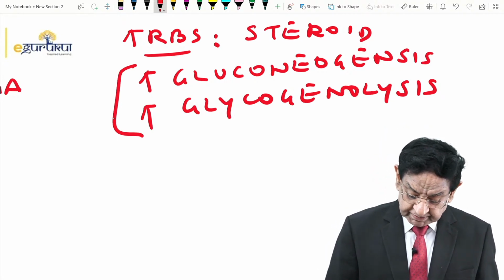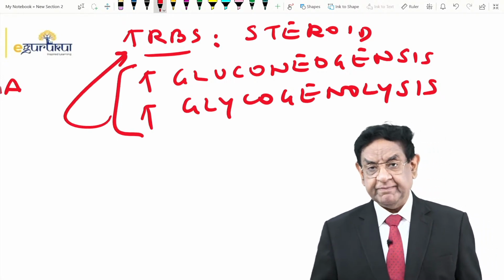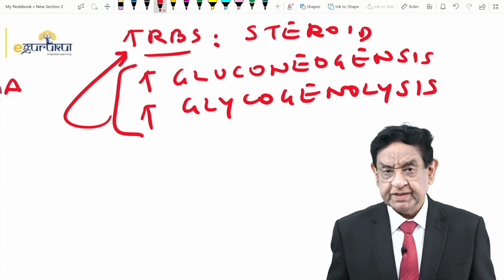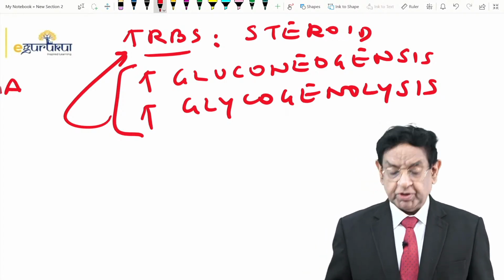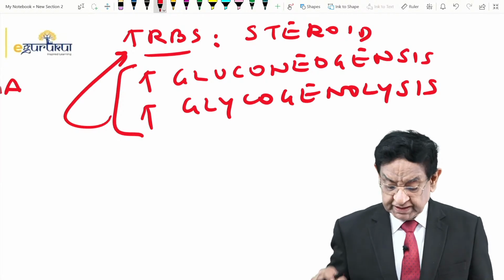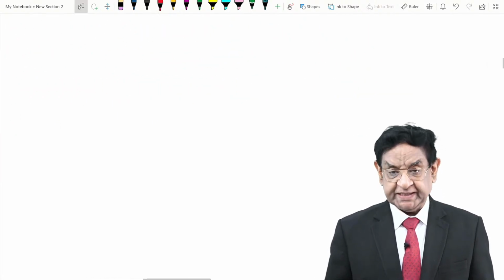These two mechanisms are the reason why high blood sugar occurs in Cushing syndrome, all because the steroid leads to this problem. Now, why does hypertension occur?